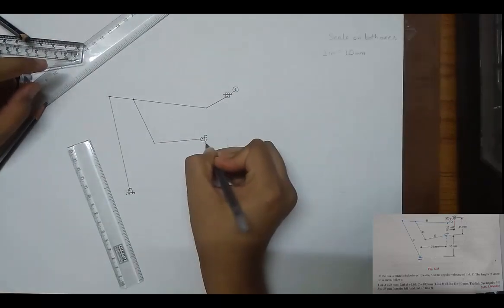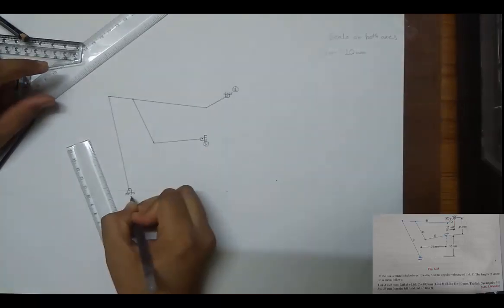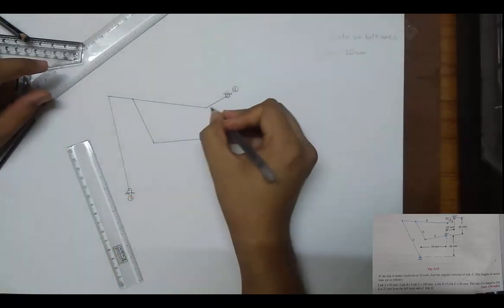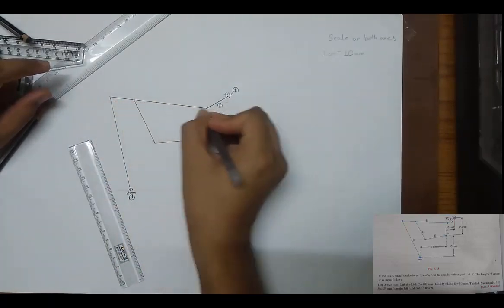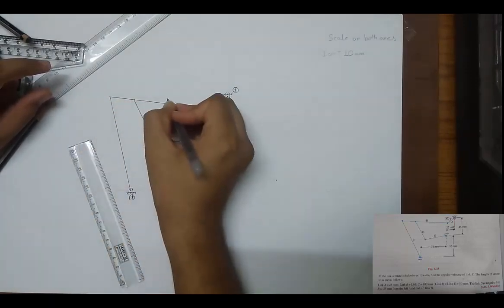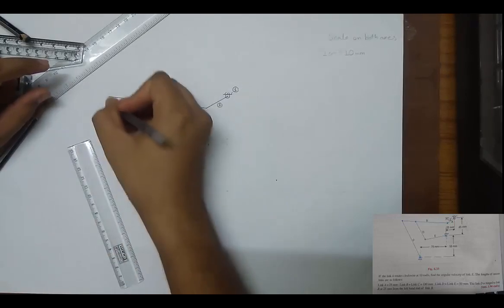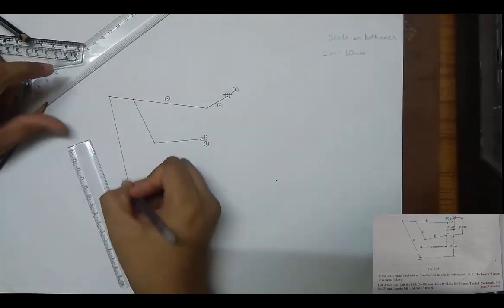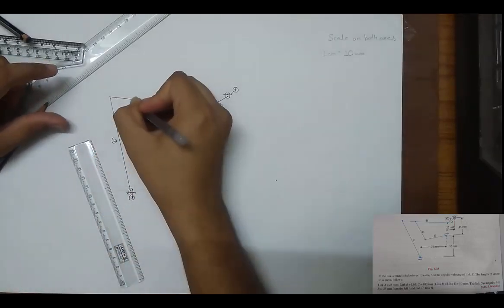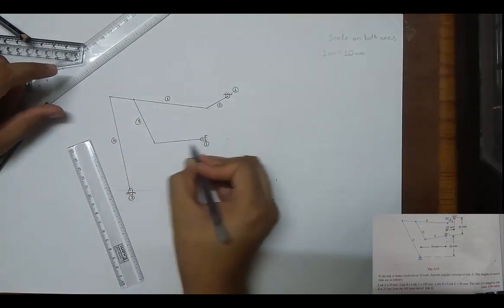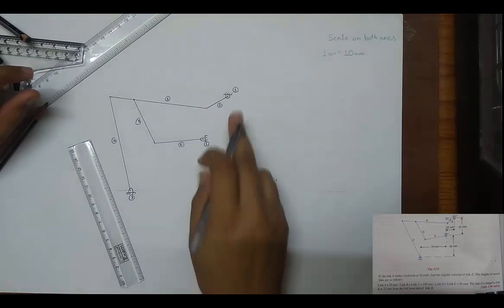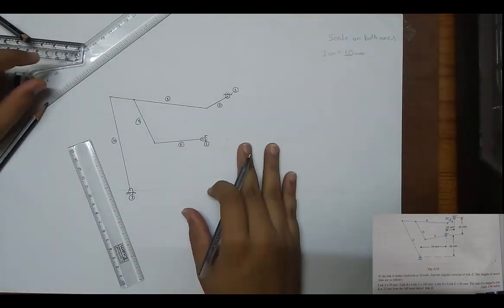This is ground. This is also ground. This will be link number 1. This will be my link number 2. This whole is a single link. That will be link number 3. I will name this as link number 4. This will be link number 5. This will be link number 6. So I have my 6 links.